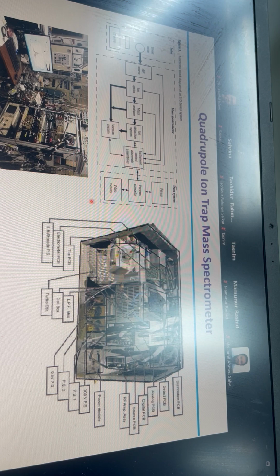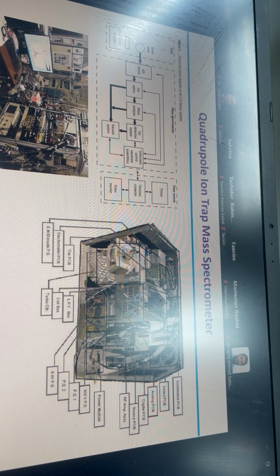As I previously mentioned, this is a commercial machine, but this is not commercial. All the mass specs are actually developed through custom making. Once they prove that it can work, you invite some company and give your patent to the company, and then the company optimizes it and keeps everything inside a nice box.